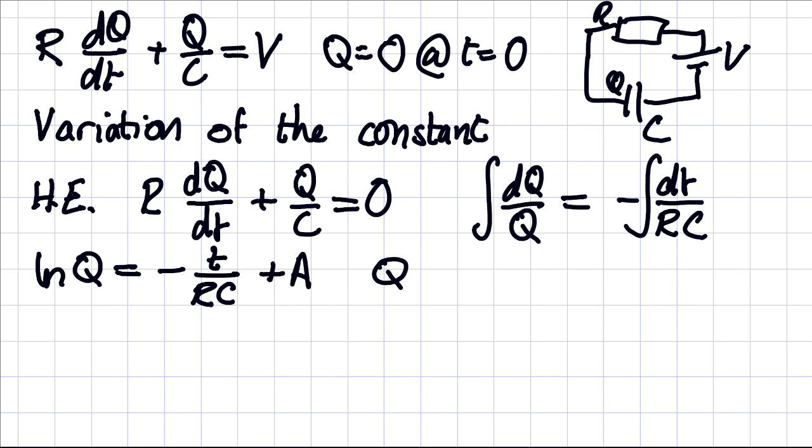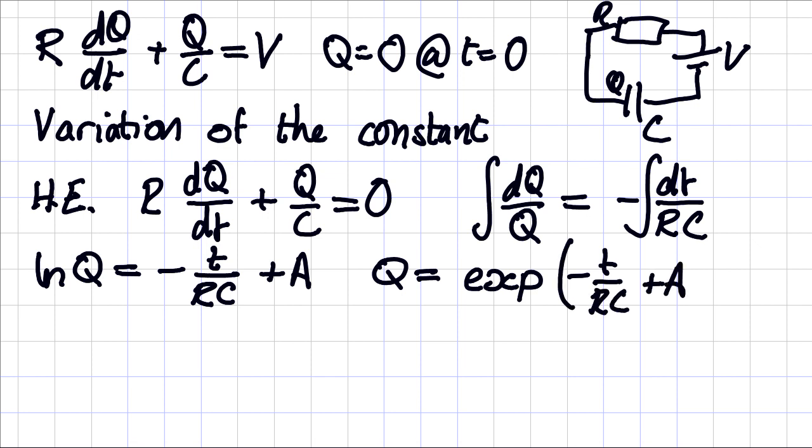So Q is the exponent of minus t over RC plus A. But this isn't quite in the form I like, so I'm going to replace the e to the power A in this by a different constant I'm going to call B. So my final solution for the homogeneous equation is that Q is a different constant B times e to the minus t on RC.